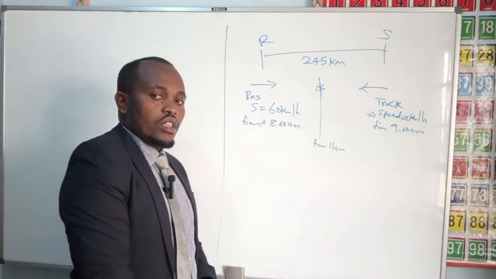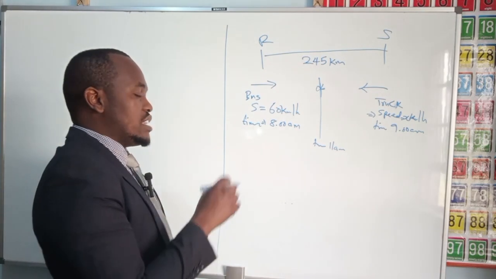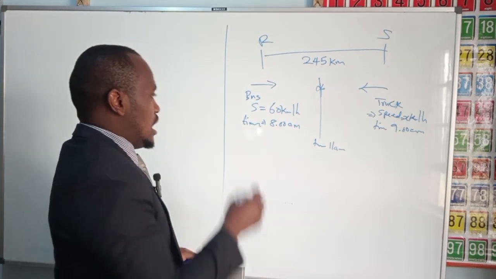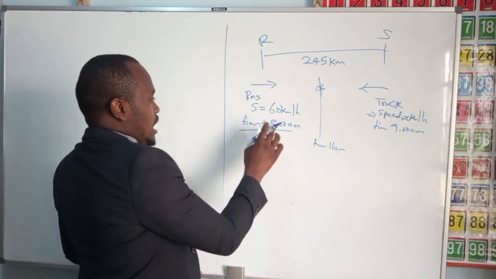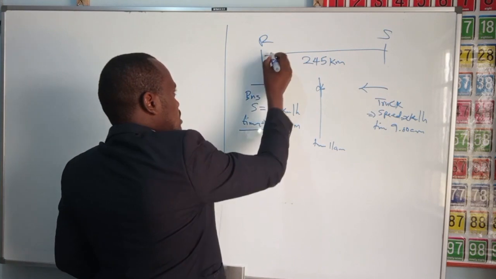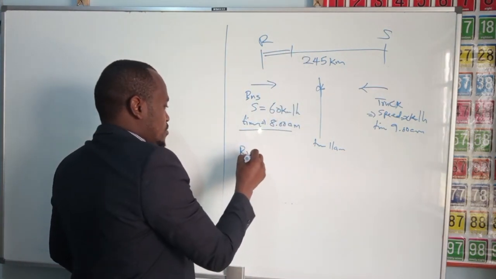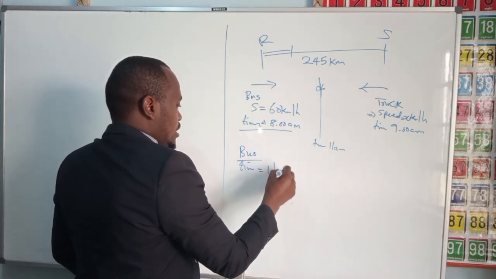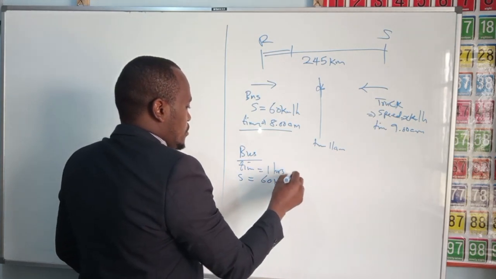Now, when you see this question, it wants you to determine the relative speed and the distance between the two vehicles. Remember that this one left a little early. It left at 8 a.m. and this one at 9 a.m. So at 9 a.m., what distance had been covered by the bus? Bus time is 1 hour. Speed is 60 kilometers per hour.